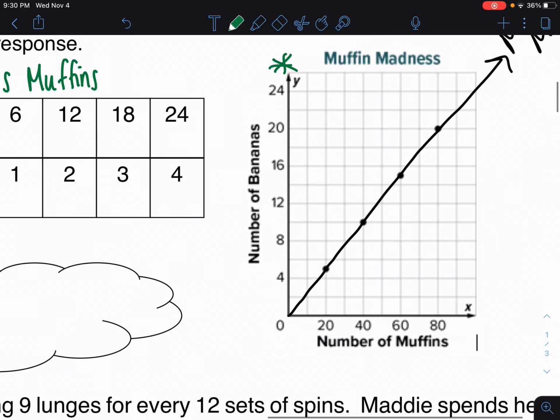I go over 6, so this is 10 right here, so over to 6, up 1 is going to be here in the middle. 12 up 2 is going to be this first line. 18 up 3 is going to be in the middle again, and then 24 up 4 is going to be on the line again. And then those dots would be connected right here. If the pattern continued, this would be Millie's.